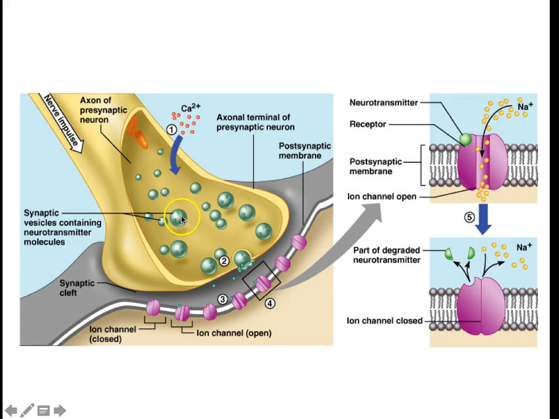Calcium helps the vesicles filled with neurotransmitter to fuse and release the neurotransmitter into the synaptic space. Then these little green balls will diffuse across and bind to receptors in the next neuron. If you got enough, you got another action potential, and the electricity will flow down that neuron as well.